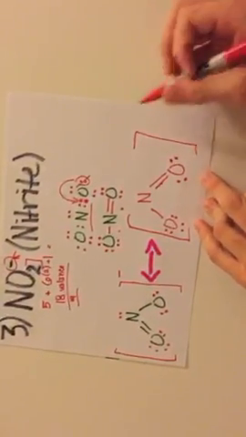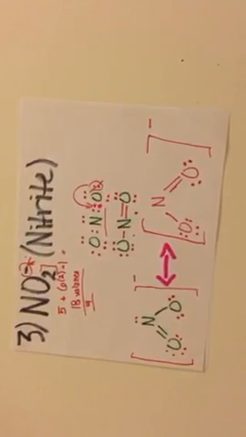And the bracket, and put the charge back, and that is your final resonance structure for the nitrite ion.